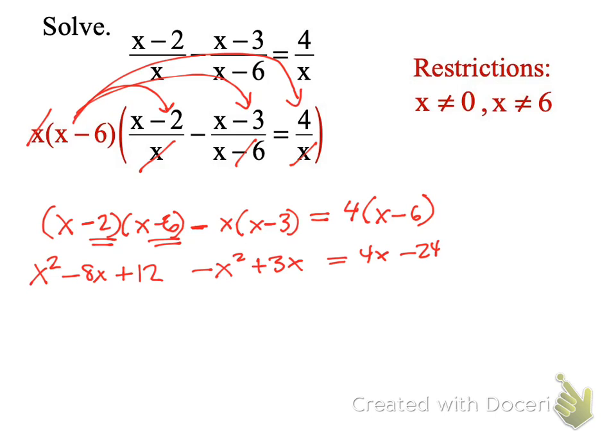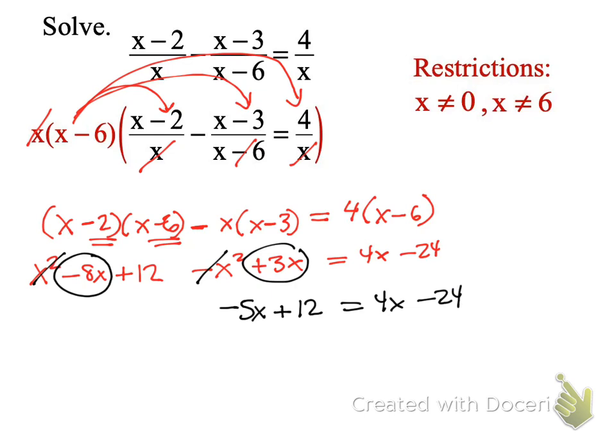Now I'm going to combine my like terms. This and this cancel out. So then I'm left with negative 8x plus 3x, makes negative 5x, and I've got that plus 12 equals 4x minus 24. I'm going to add 5x, add 5x.